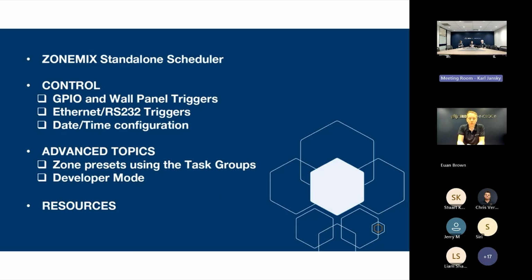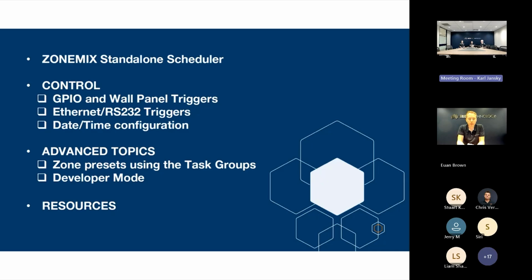We then go into a standalone scheduler application that is also an application to the main Zonemix software that allows end users changes to the scheduler without seeing all of the back-end audio setup, etc., that they could possibly break if they saw that. We're also going to show some of the control mechanisms that the scheduler can also influence.